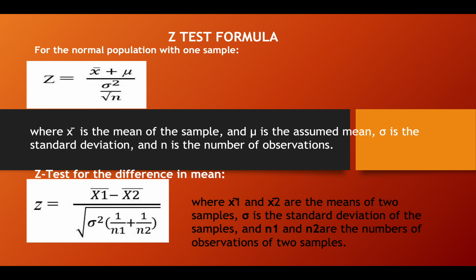And the z test for the difference in means is calculated by another formula, that is z is equal to x1 bar minus x2 bar divided by the square root of sigma squared times 1 upon n1 plus 1 upon n2. In this, x1 bar and x2 bar are the means of the two samples, sigma is the standard deviation of the samples, and n1 and n2 are the number of observations of the two samples.